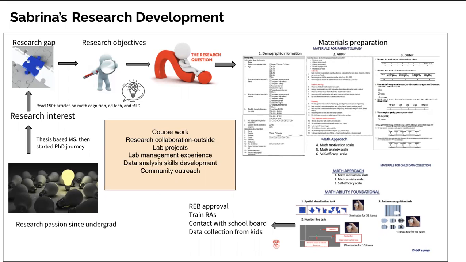So for my master's thesis, I did my research project with children who are developmentally delayed, the delayed population. And following that, I thought that if I pursue my career in research, I really want to do the research with children, and definitely the children who have developmental issues.